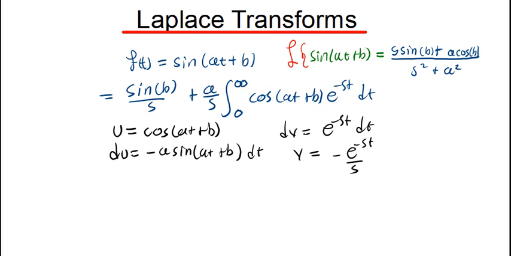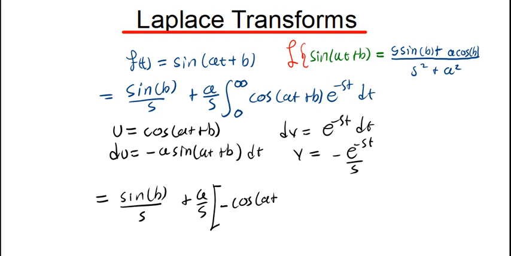So now this is equal to sine b divided by s plus a over s, then in brackets, u times v, that would be minus cos at plus b multiplied by e to the minus st. This minus here, I've already put it right here. That will be divided by s, which is this s that I have here. Then I'm still evaluating from 0 to positive infinity.